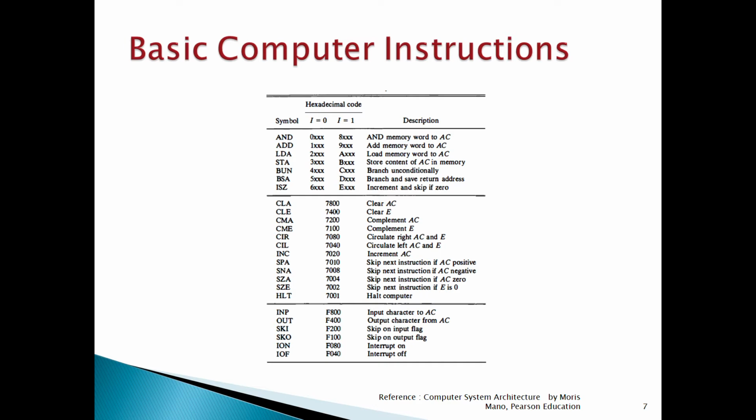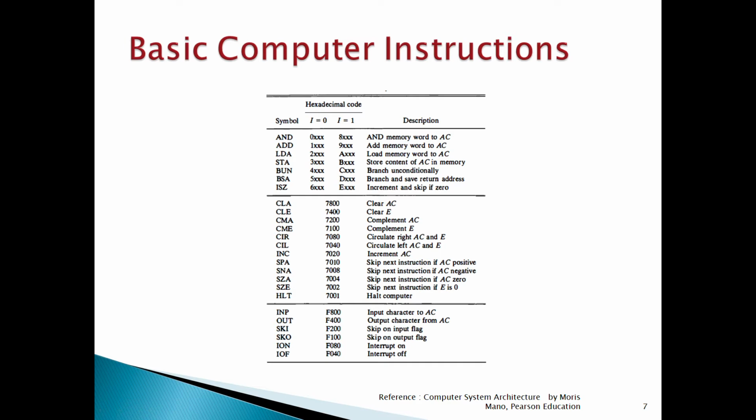If it is 0, meaning bit number 15, the 16th bit of the data, the most significant bit, then the accumulator contents are positive. If it is 1, then accumulator contents are negative. Right? So if accumulator contents are positive, then it will skip the next instruction and go to the next instruction.